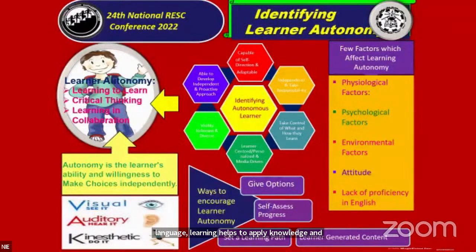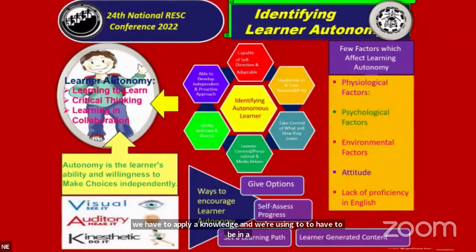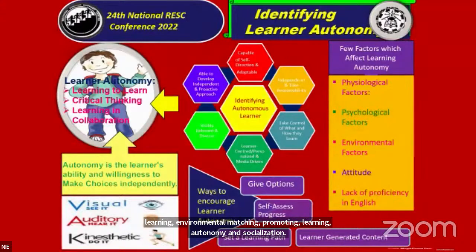Giving the autonomous learner the option of learning the language in relation to time, place, ability, and individual goal. Next, the learner self-assessment will play a major role in learner capabilities. Then again, setting a learning path and dealing with learner also makes a big difference.